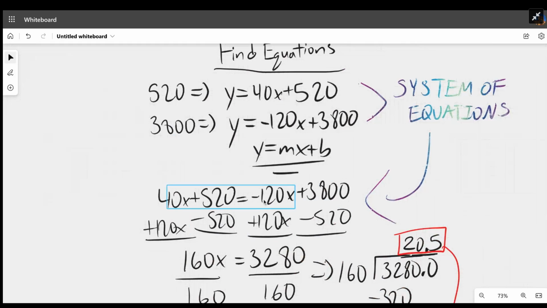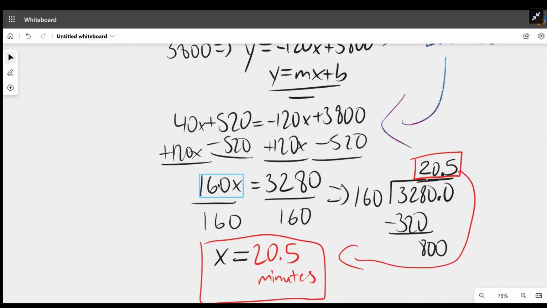I add 120x on both sides to get rid of this, and I subtract 520 from both sides. So 160x, which is 120 plus 40, is equal to 3,280, the result of the subtraction. Then I divide both sides by 160, and the final answer is 20.5 minutes.